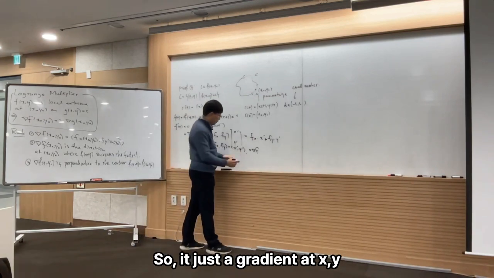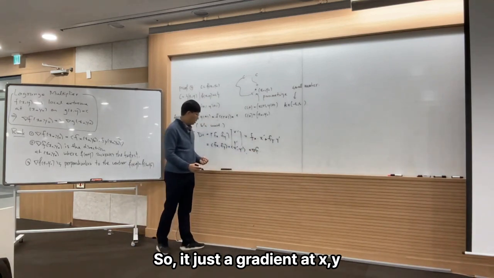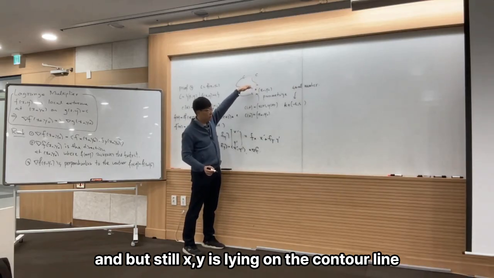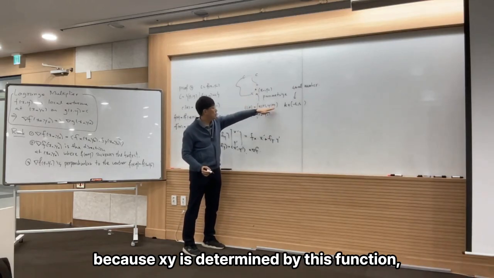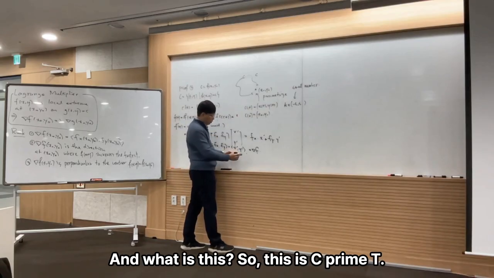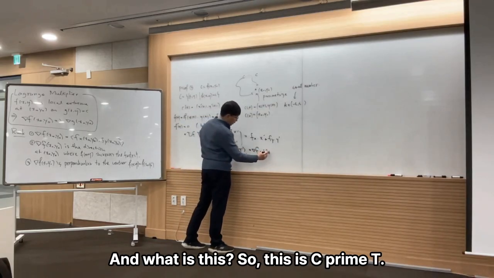So it's just the gradient at x comma y, but still x comma y is lying on the contour line, because xy is determined by this parametric function. And what is this? This is c prime t.